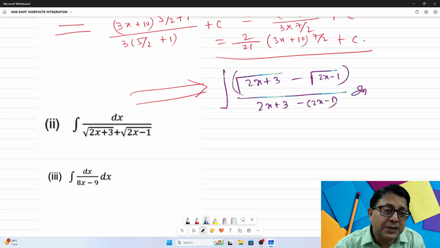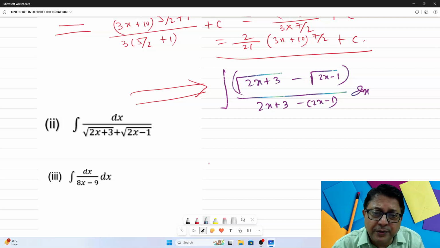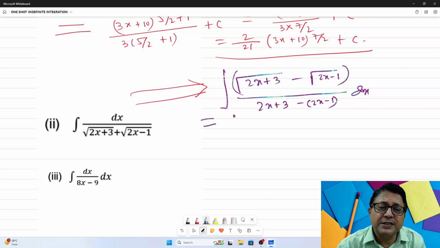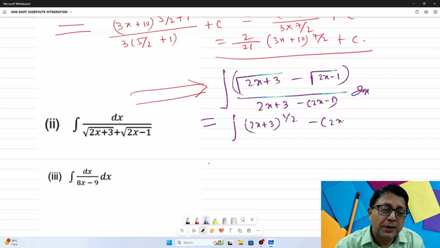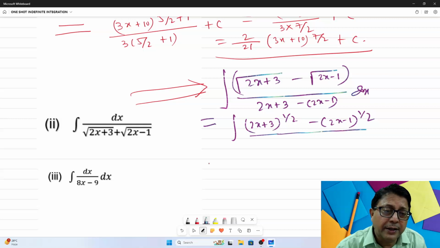This rationalization you are habituated to. I just remind you of a few sums of this kind. This is (2x+3)^(1/2) minus (2x-1)^(1/2), denominator contains 2x getting cancelled, 3 plus 1, 4, dx.